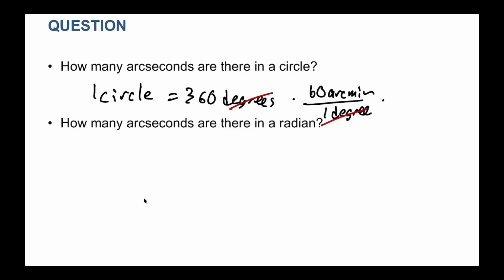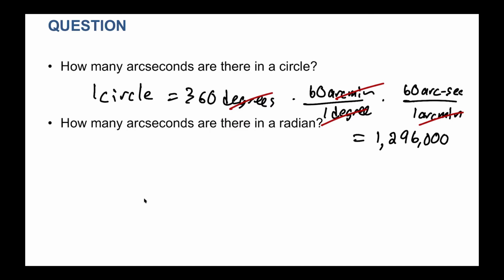If we multiply by the fact that there are 60 arc seconds in 1 arc minute, the arc minutes cancel out and we're left with arc seconds. 1 circle equals 360 times 60 times 60 arc seconds. And that's a big number, 1,296,000. That's how many arc seconds there are all the way around a circle. Or if you like, an arc second is 1/1,296,000th of a complete circle.